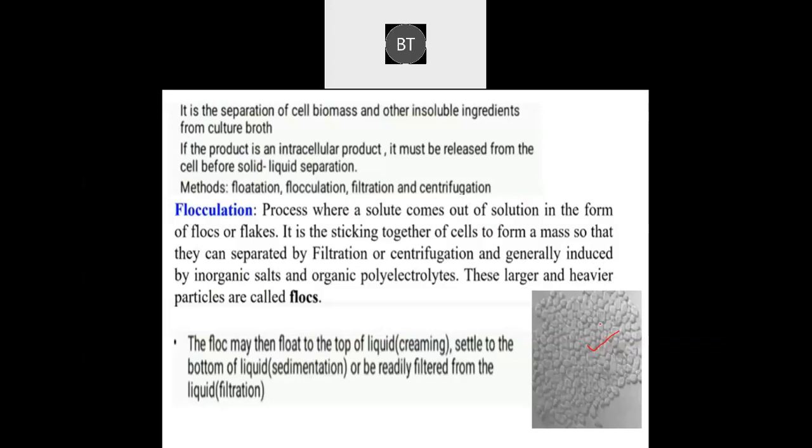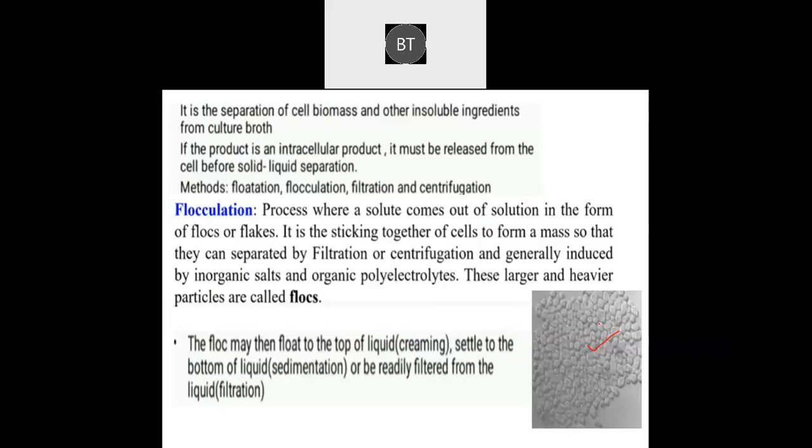So what is happening here? All your microorganisms are forming a flock, or they are sticking to each other, so that they can be removed easily by other principles like filtration and centrifugation. The microorganisms have to get flocculated like this. They have to adhere to each other. So what the scientists do is they add certain compounds.